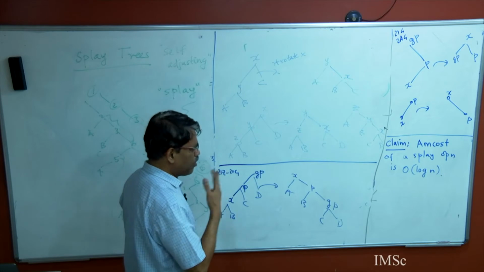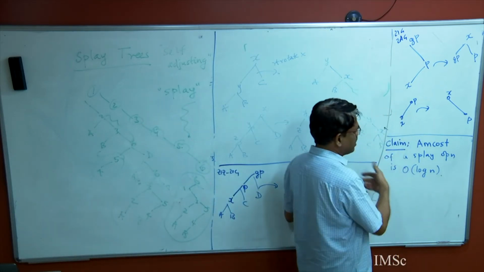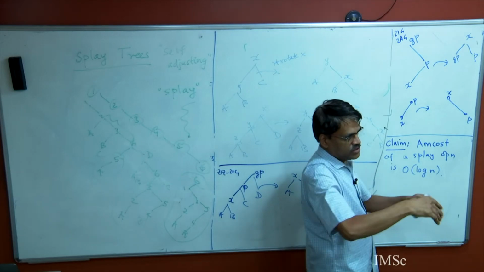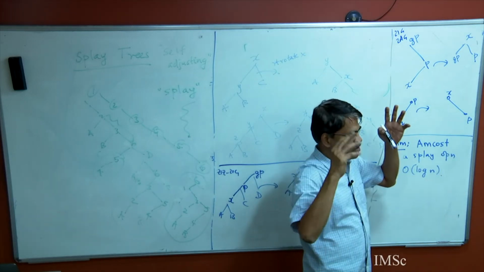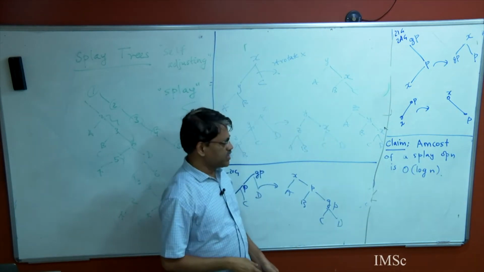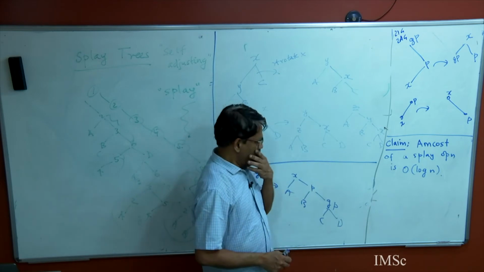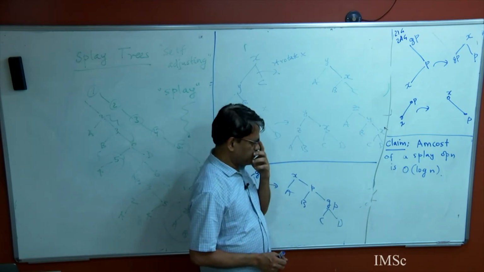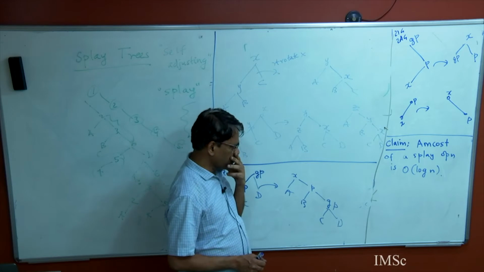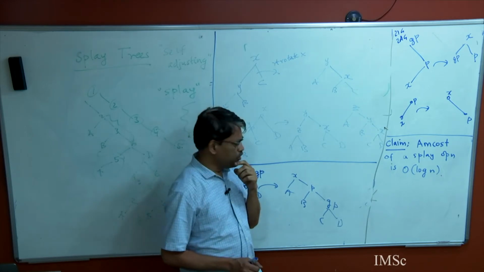But the claim is about the amortized cost. Occasionally the actual cost may be n, but it balances itself out: if you start from some tree and do a sequence of k such splay operations, it will be k log n over a long sequence. We will actually try and prove this.